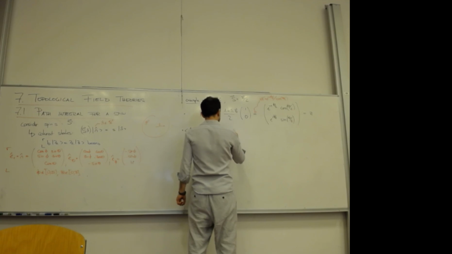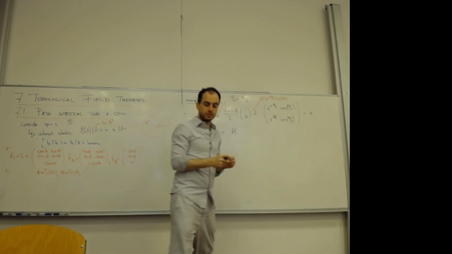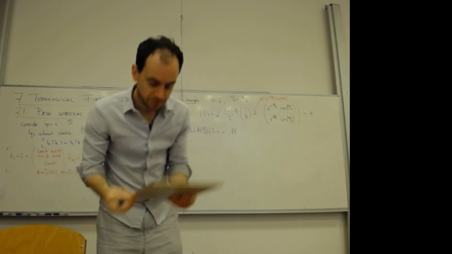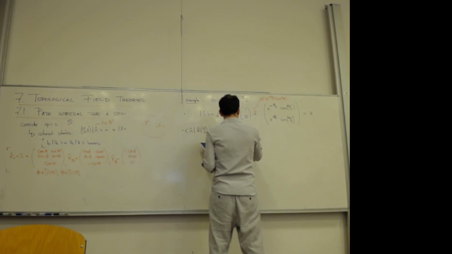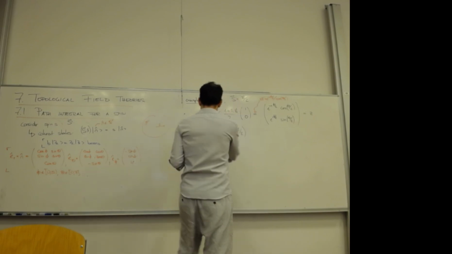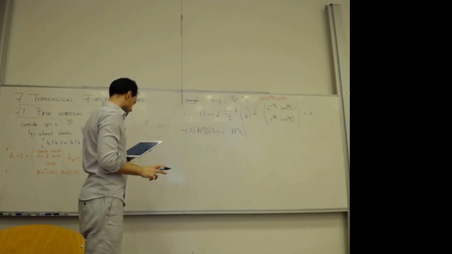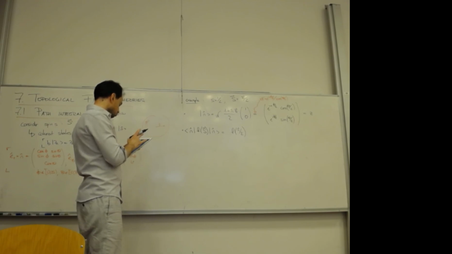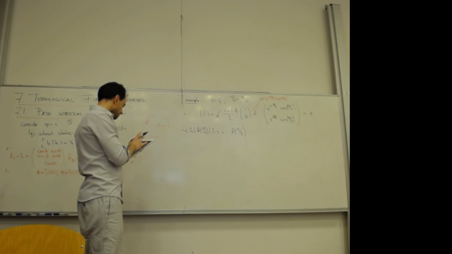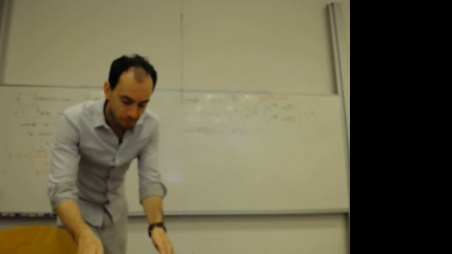We get just f of S/2, since this state is normalized, so we get essentially this out. So how do we see this? It's the same argumentation as what I just told you.